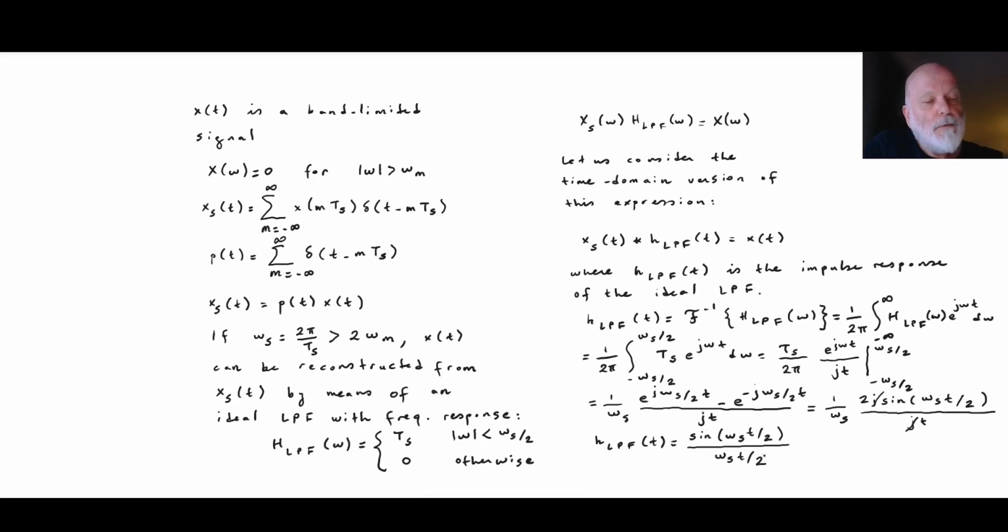Now, in order to verify the Shannon sampling theorem, we know that the convolution of xs of t with this impulse response of the ideal low-pass filter will give us x of t. So let us look at the details of this computation, which is known as the Shannon Interpolation Formula.